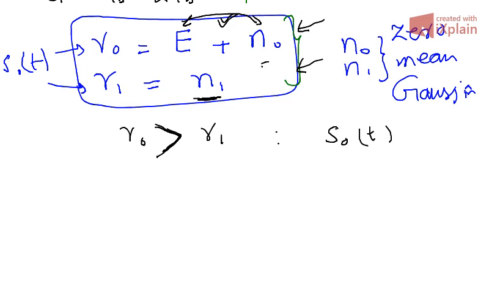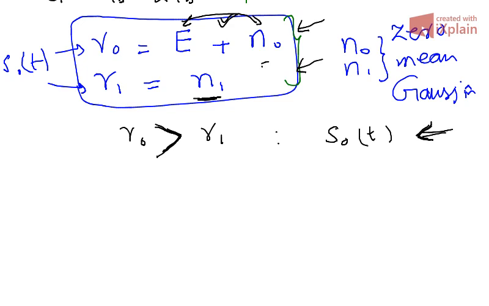So it's matching the received signal with S0(t). It finds that this matching is higher than the matching in the lower branch, so it decides in favor of S0. This is the way the receiver detects the signals, right?